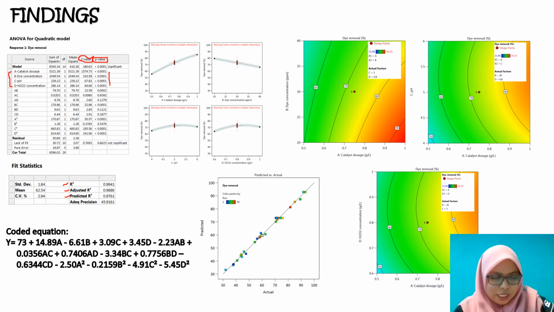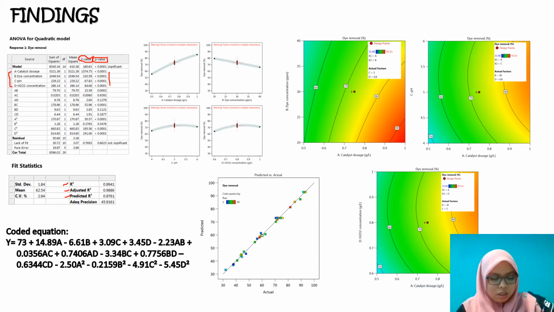From the table, the R-square of 0.9941 indicates a good estimation of the predicted response. Moreover, the adjusted R-square and predicted R-square are 0.9886 and 0.9791 respectively, which reveals reasonable agreement. The difference is only about 0.02, and also suggests excellent correlations between the independent variables.